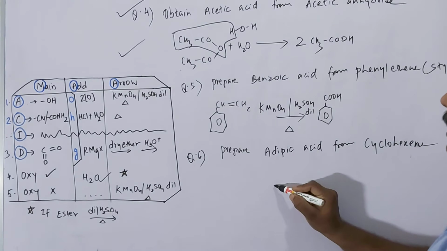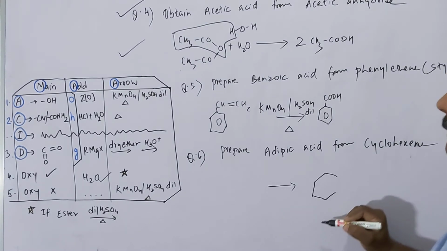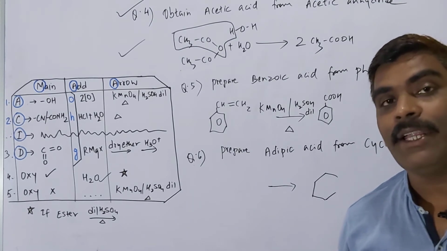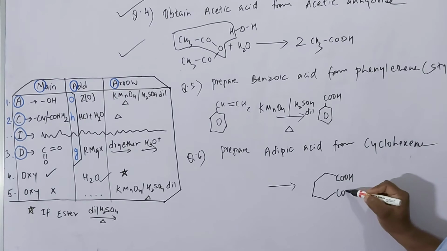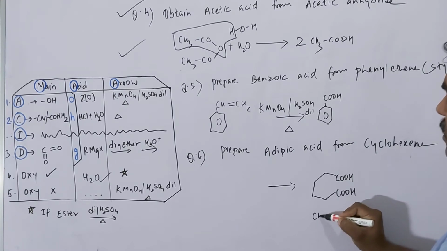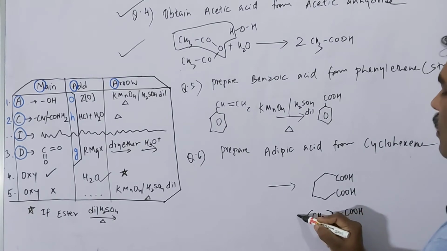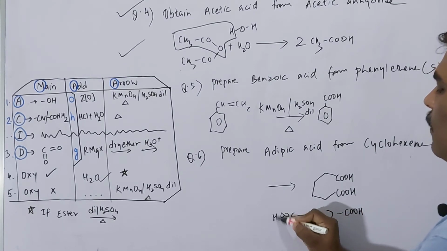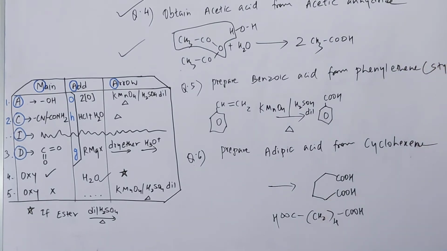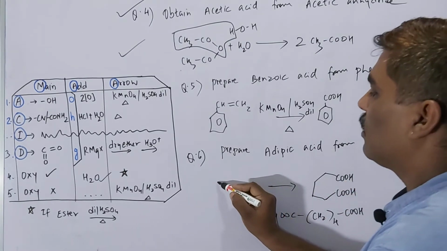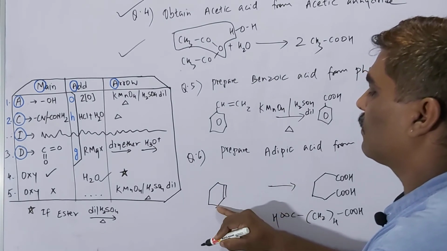The structure of adipic acid: HOOC, then CH2 four times, and a carboxyl group here also. That is adipic acid. This we want to prepare from cyclohexene. So cyclohexene is this.